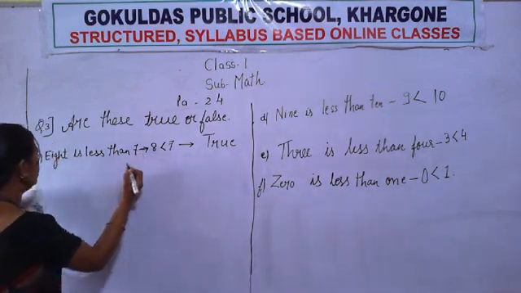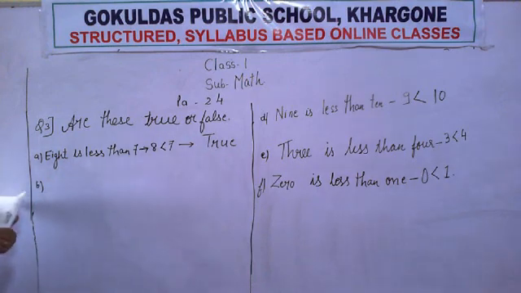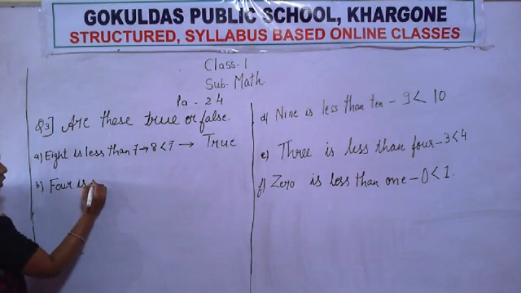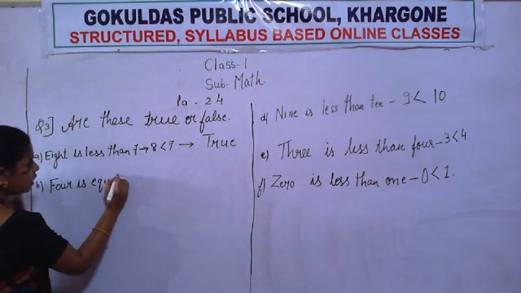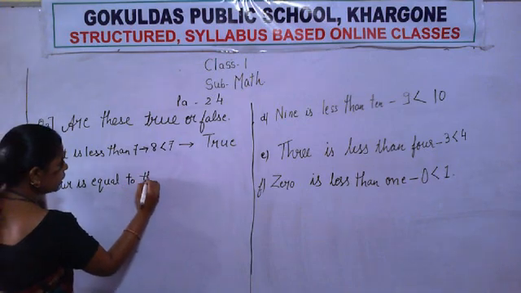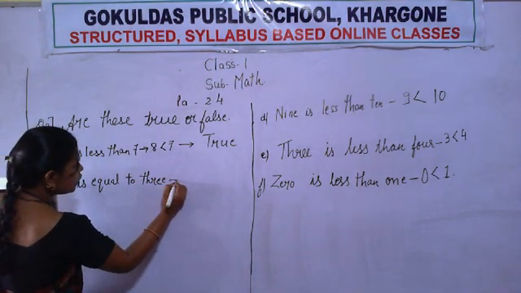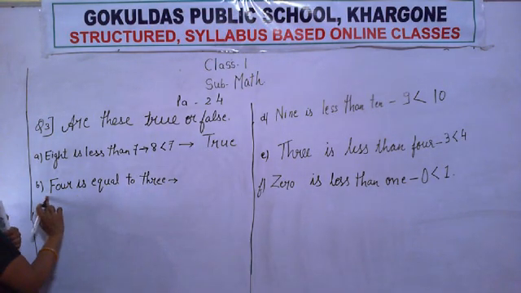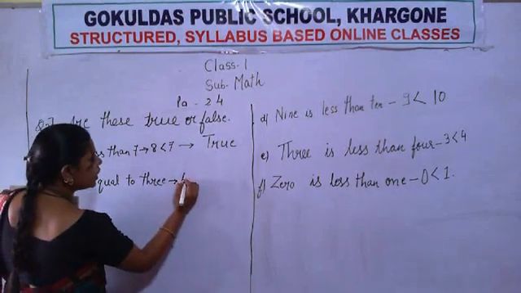Now the second, B. 4 is equal to 3. First we convert it into numeric form and symbol form. What number is written here? Four, so write 4.